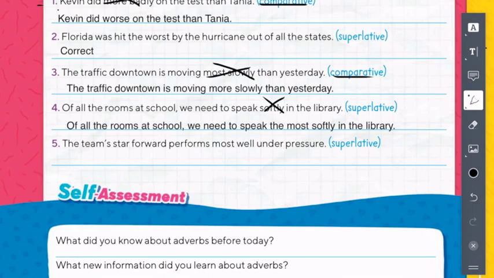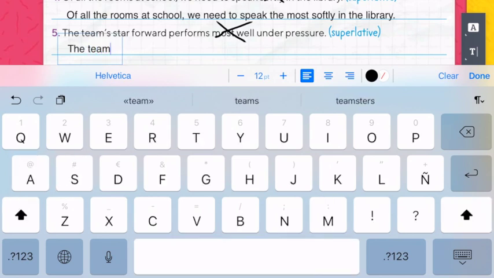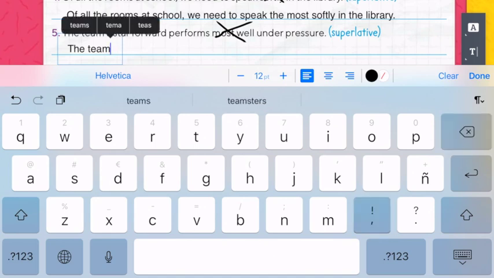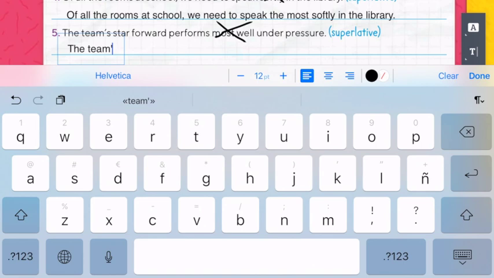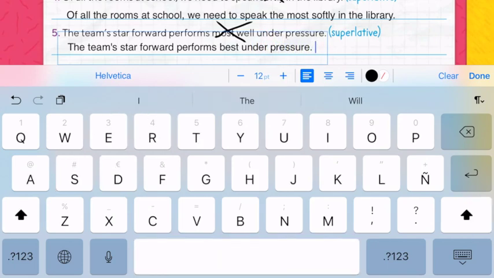The team's star forward performs best under pressure. There we go.